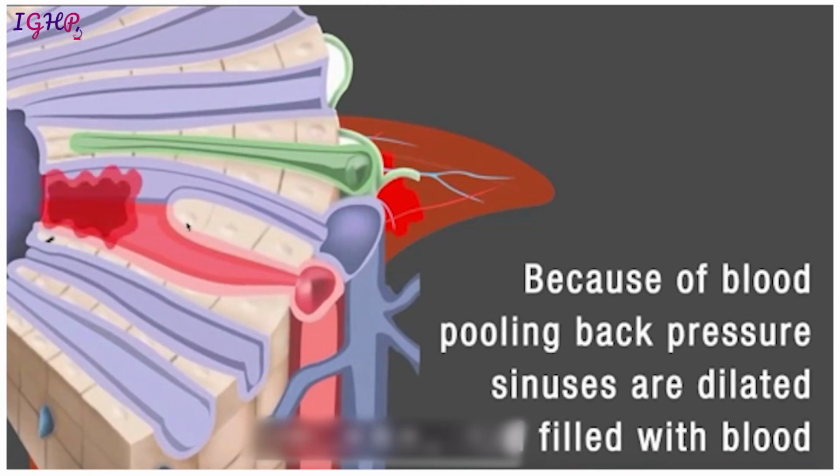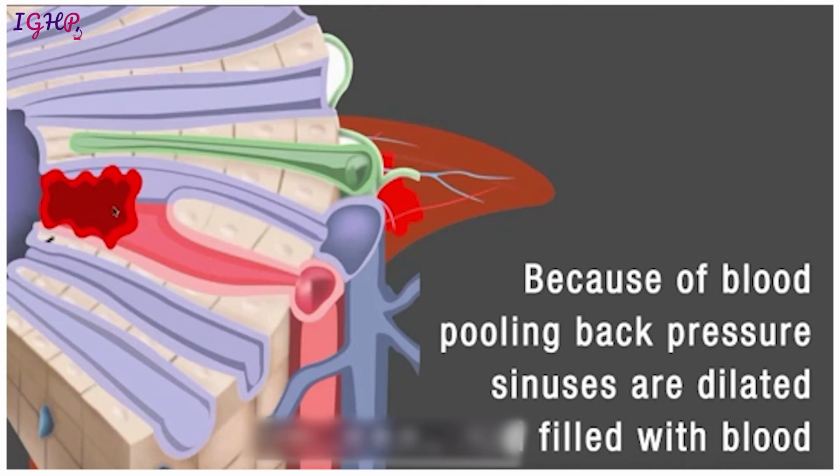So if we see the histology of outflow obstruction, because of the back pressure, the blood is going to be accumulated in the sinusoids, and the sinusoids are going to enlarge, and they are going to compress the surrounding hepatocyte cords. So there will be atrophy of hepatocyte plates in the perivenular region, and sinusoids will be dilated and congested.